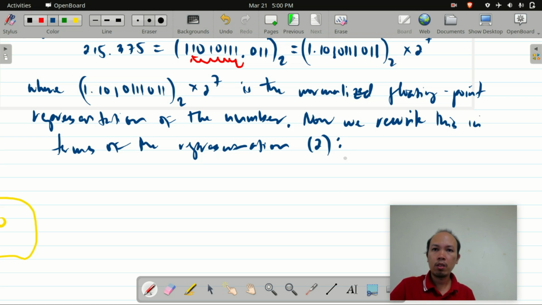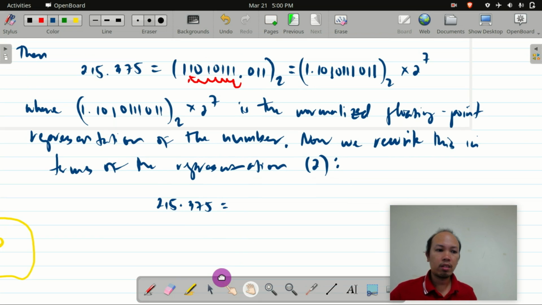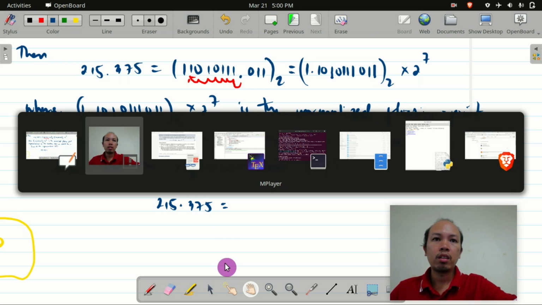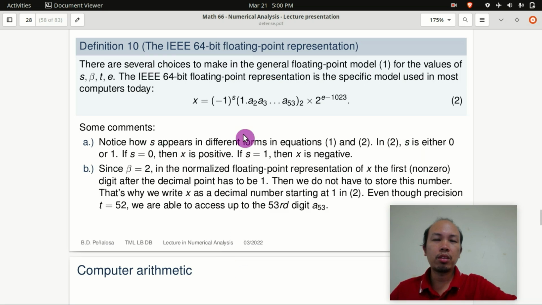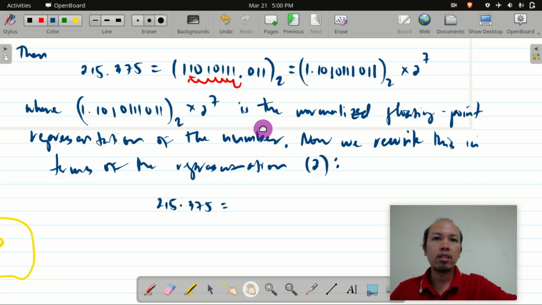So 215.375 can be written as, please do remember, in our discussion we have this form, -1 to the power of s.